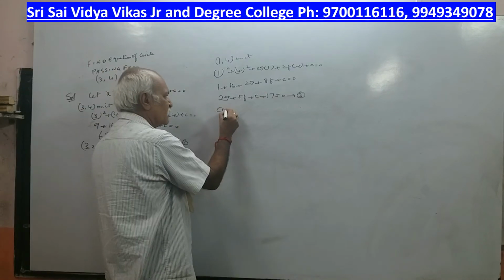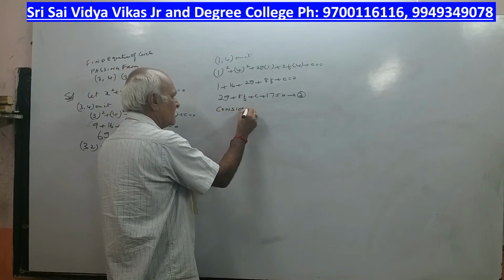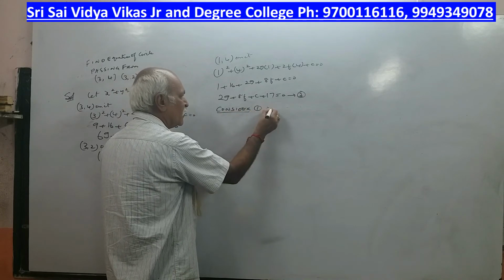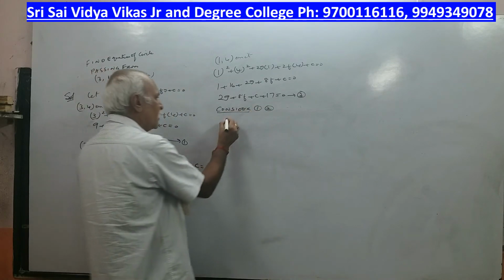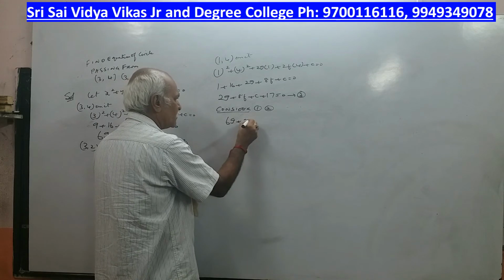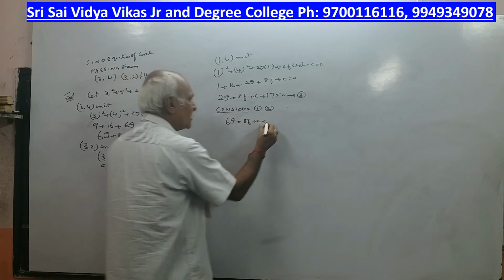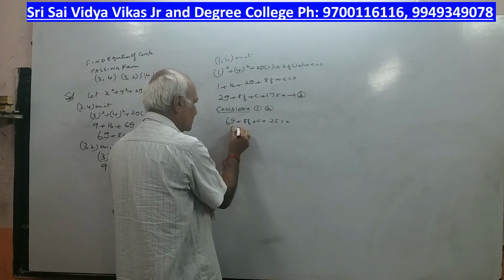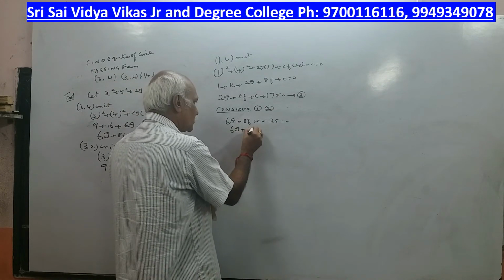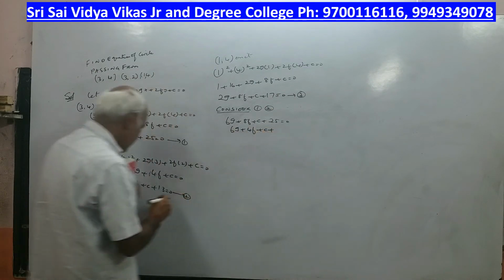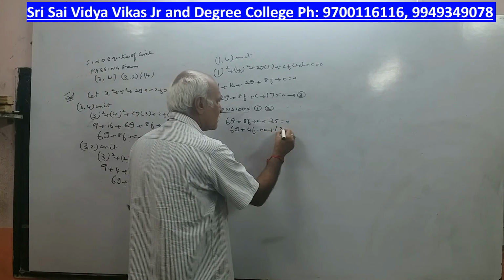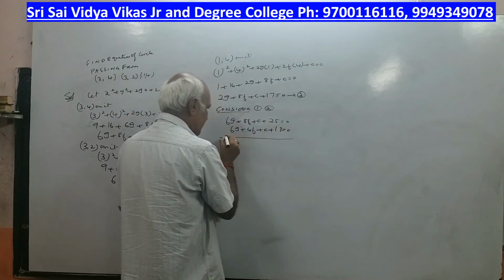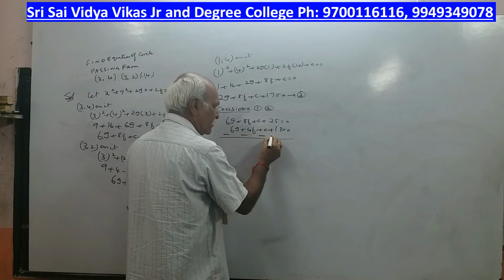Now consider the 1 and 2 equations. What is the first equation? 6g plus 8f plus c plus 25 is equal to 0. Second equation, 6g plus 4f plus c plus 13 is equal to 0. Subtract: minus, minus, minus, minus.